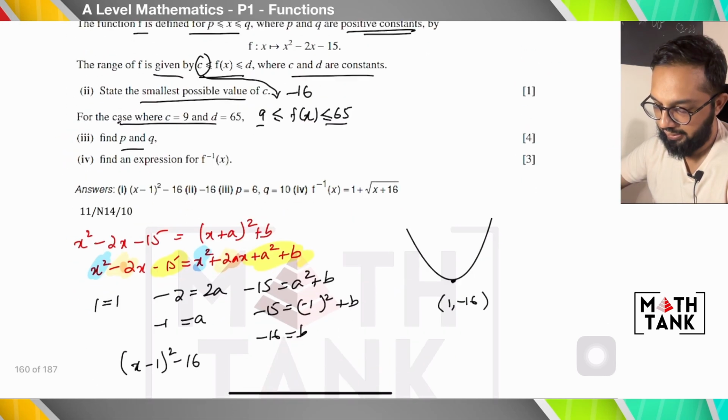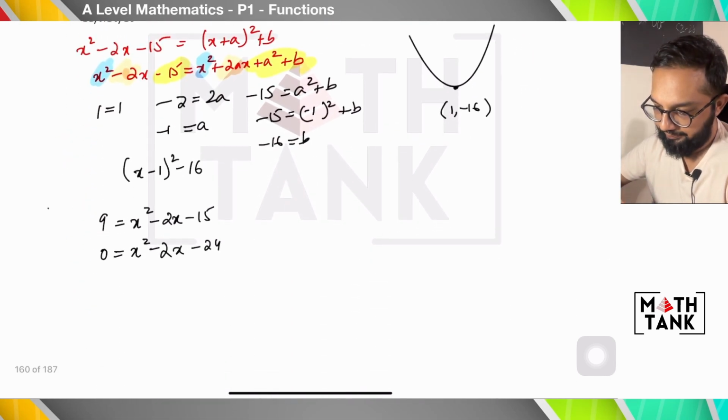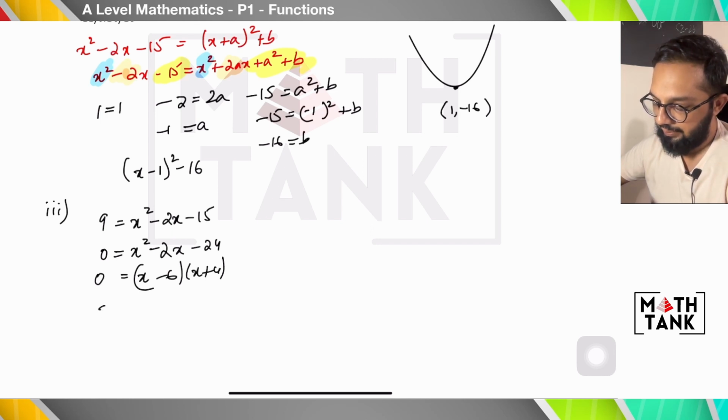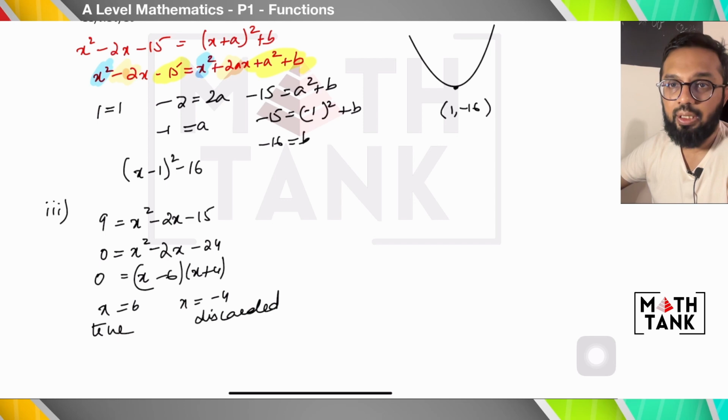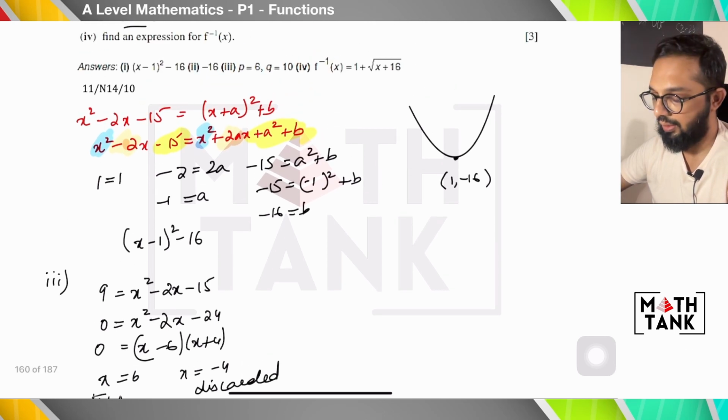That's part 3. So this gives me x minus 6 and x plus 4, so x equals 6, x equals minus 4. So this is true and this is discarded. Why? Because it said that p and q have to be positive constants.